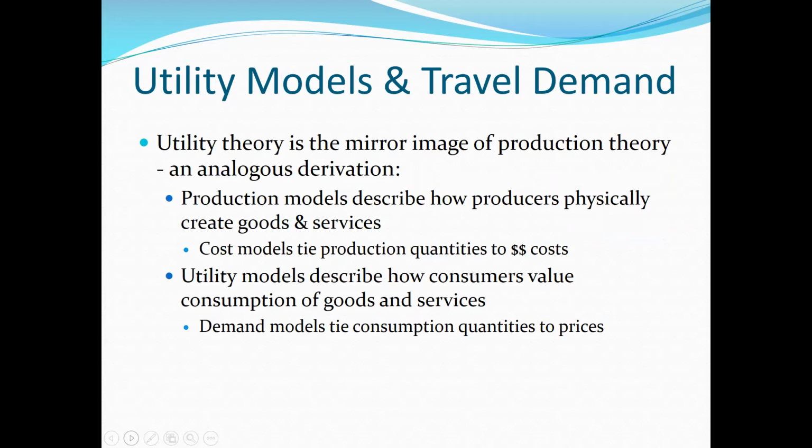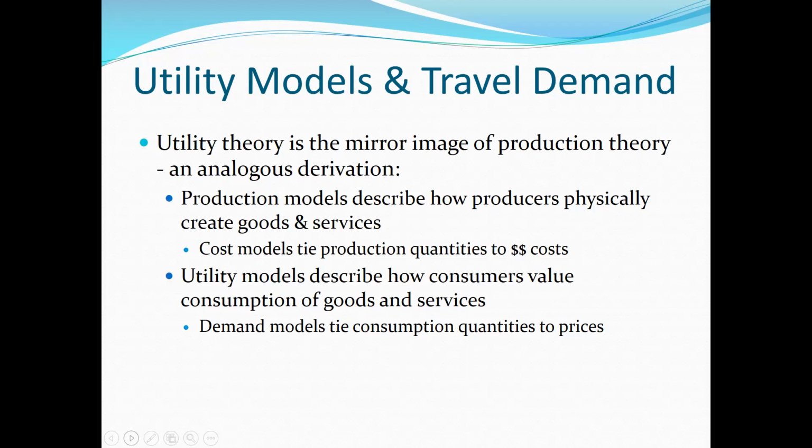As I was saying, utility theory is basically a mirror image of the production theory. The derivation that you're going to see is going to have almost a perfect analogy there. Production models describe how producers physically create goods and services. Cost models tie production quantities to dollar cost, like amount of dollars spent versus kilometers of road produced, for example. That's the example we saw. Now, utility models describe how consumers value consumption of goods and services.